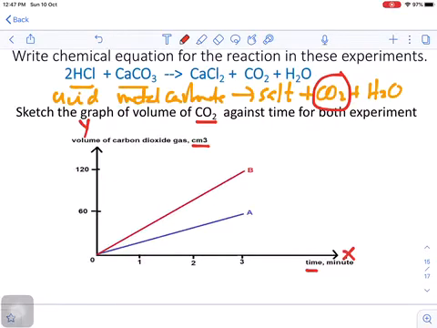Then we sketch, make it 60, 120 volume of gas at 3 minutes. Okay. From this graph, it shows that the rate of reaction of set B is higher. Why is set B higher? Because the gradient of the graph is steeper.